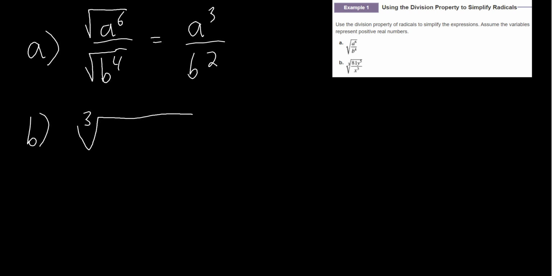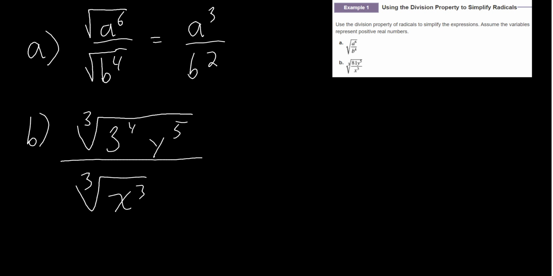Well, kind of. This is not a cube, but this would be a fourth root. So 81 is going to be 3 raised to the fourth power. That is what 81 is. And then we have y to the fifth, and that's all over the cube root of x cubed. Well, that's pretty easy.